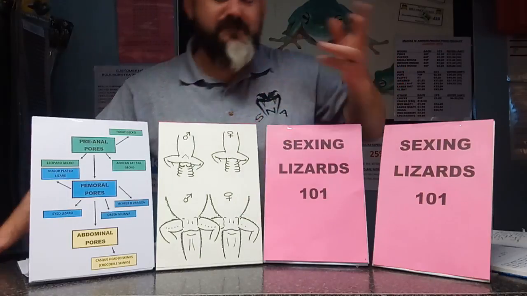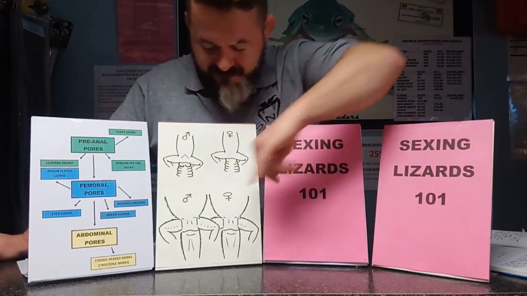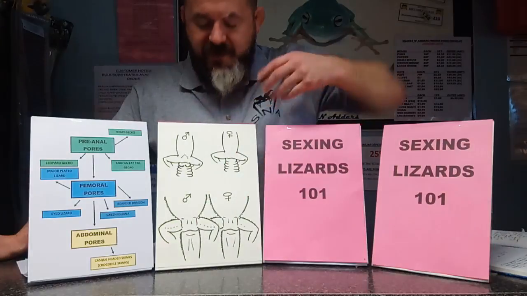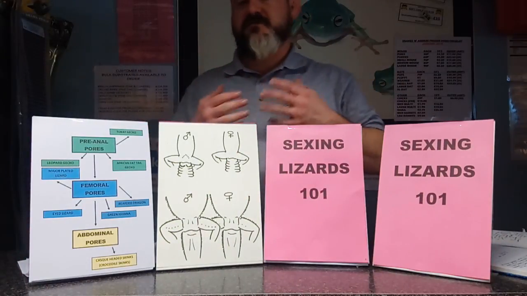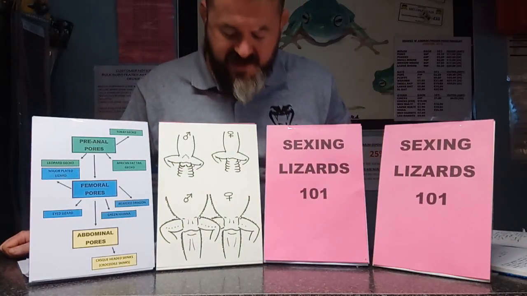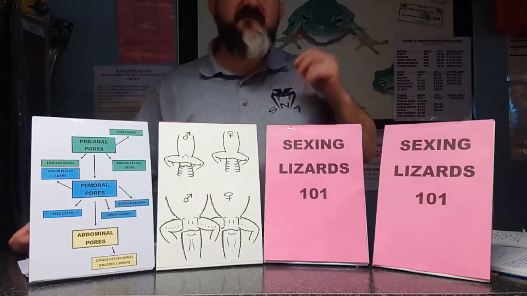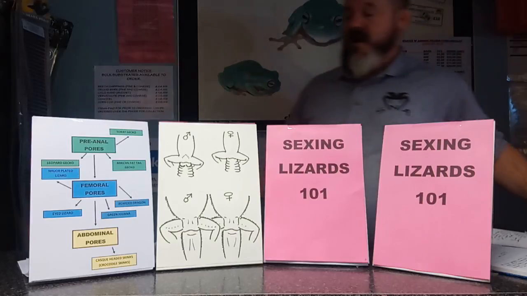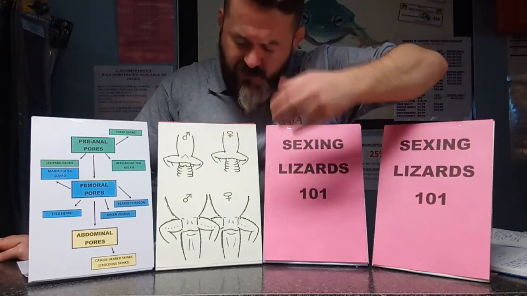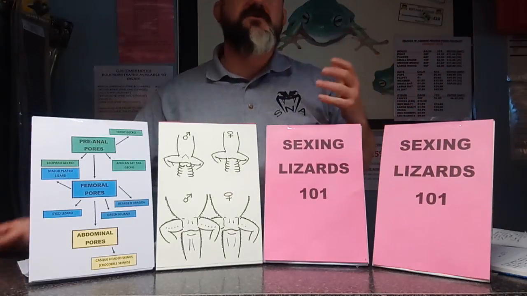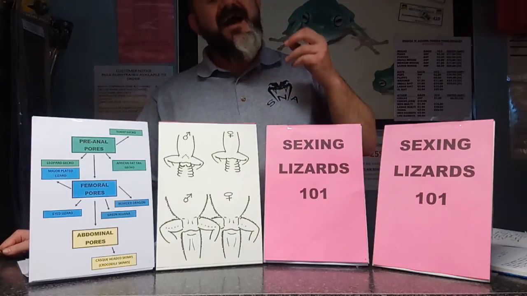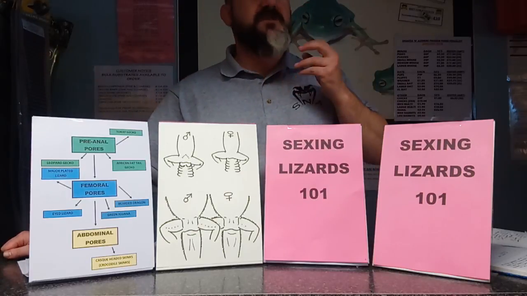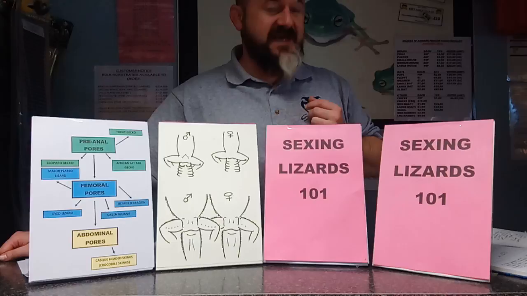This at the bottom is supposed to be a bearded dragon, and on this side we've got the boy, and we can see these really quite pronounced pores running along the inside of the thigh, and then on the females, far less well defined. So bearded dragons are probably one of the most commonly kept animals that are grown up in group environments, and as babies we do not have these easy ways of being able to tell.